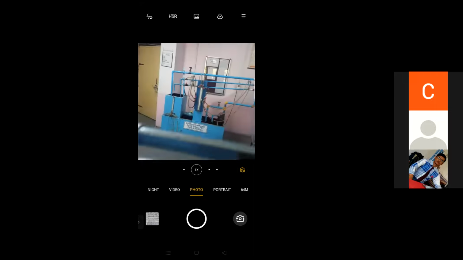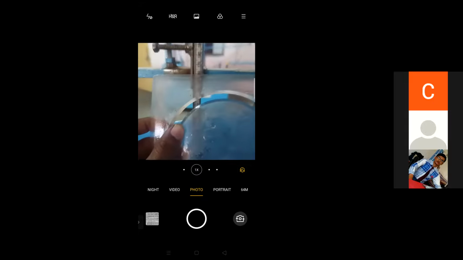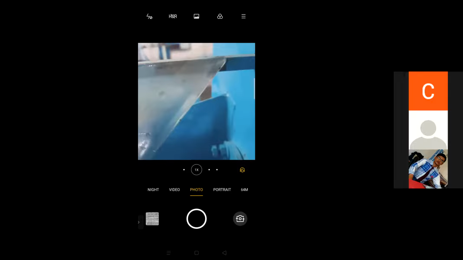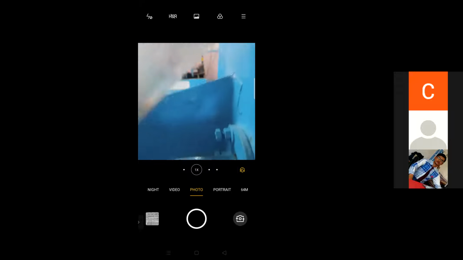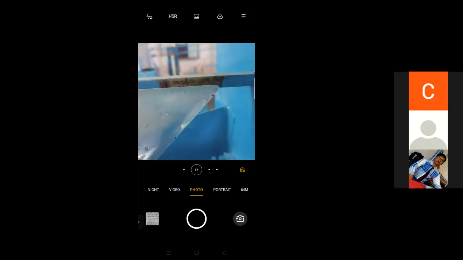It is coming up to this point. Okay, can you observe it? This is the zero I have set here, and this is the mark. It is coming up to this.